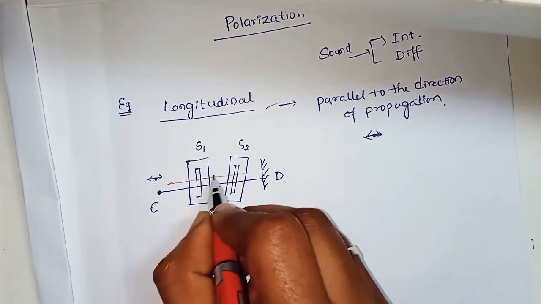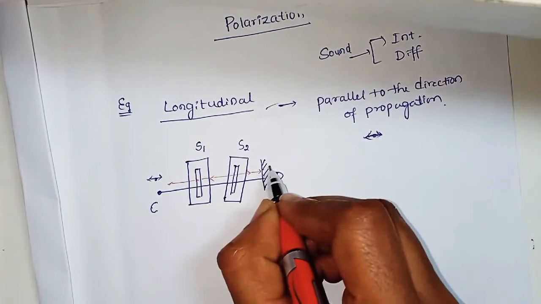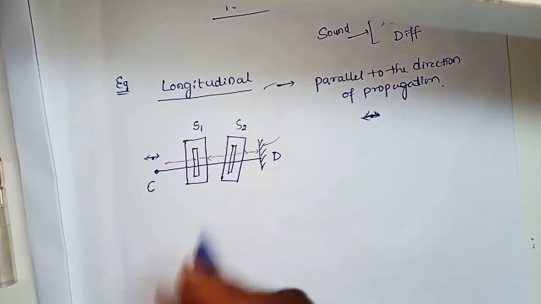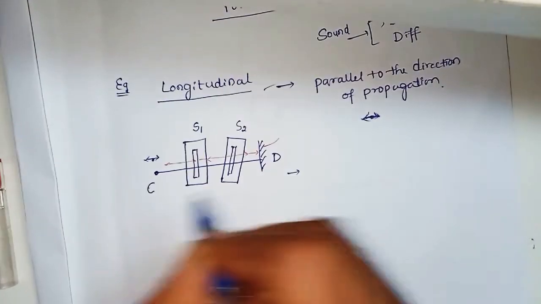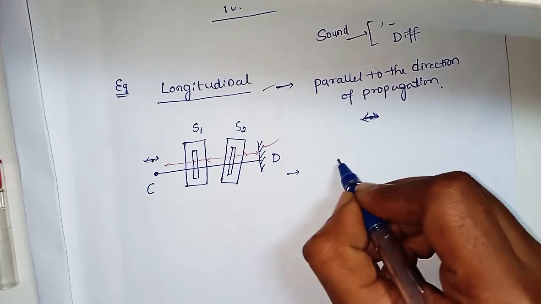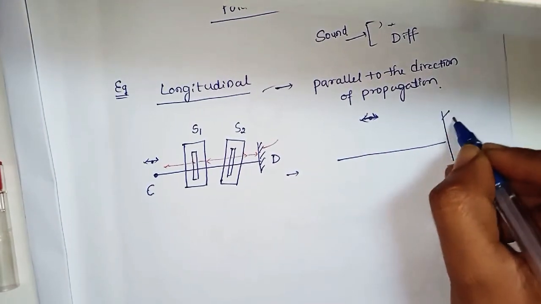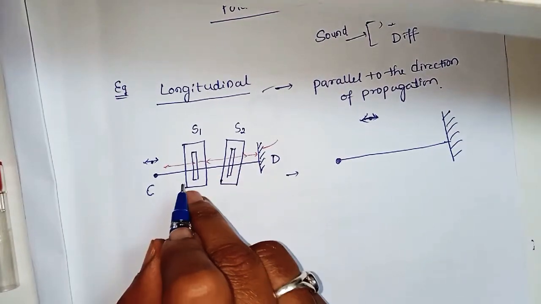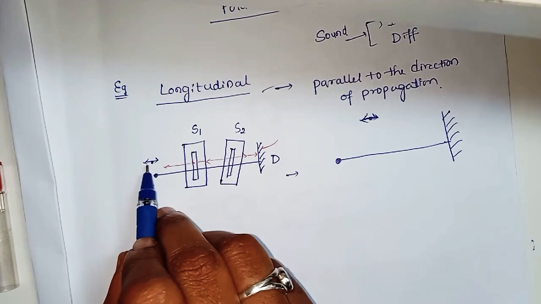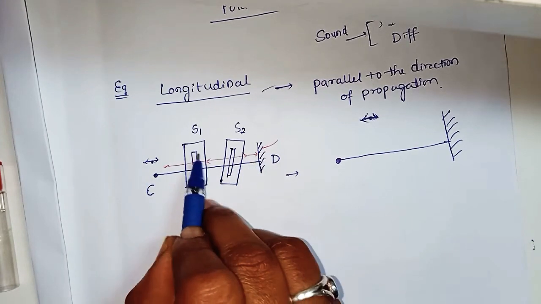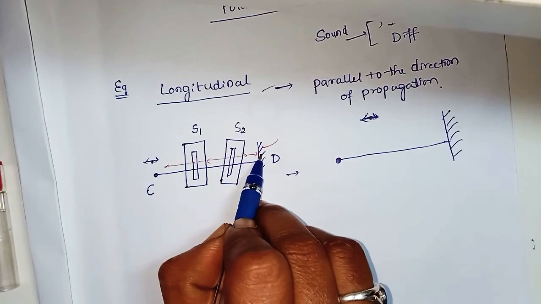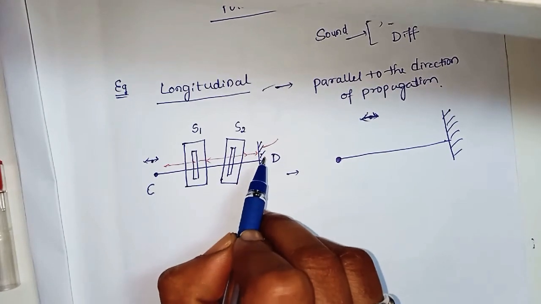Similarly, it passes through slit S2 and reaches the point D. Then we will modify the slits. If both are parallel, then these longitudinal waves pass from S1 and S2 and reach the end D.